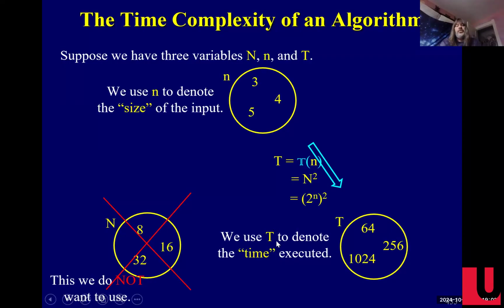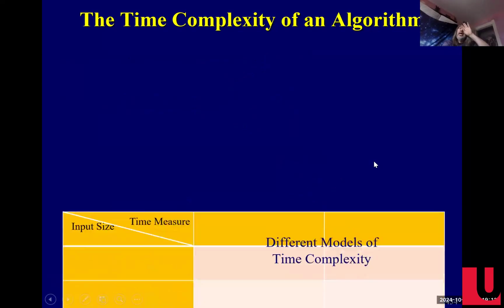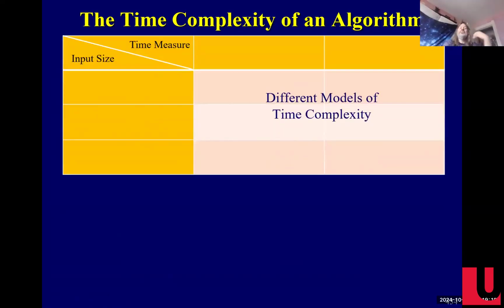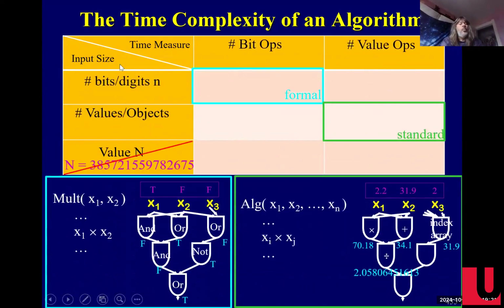T we use to denote the time executed, and hence the function from little n to capital T is what we call time complexity. And now we're going to talk about different models of time complexity depending on what our definition of the size of the input is and what our definition of time is.